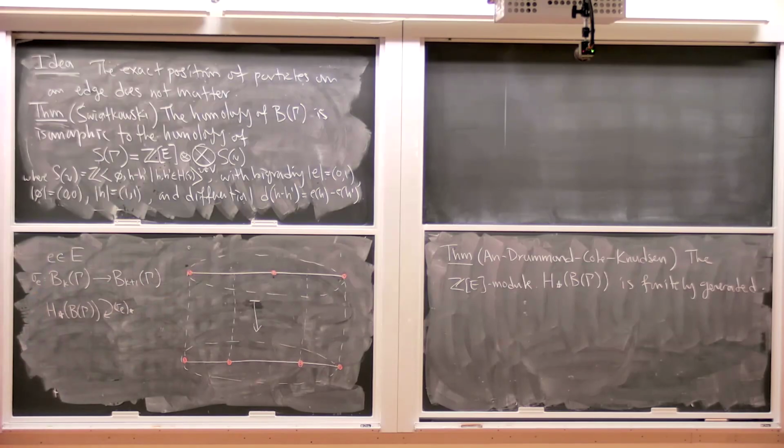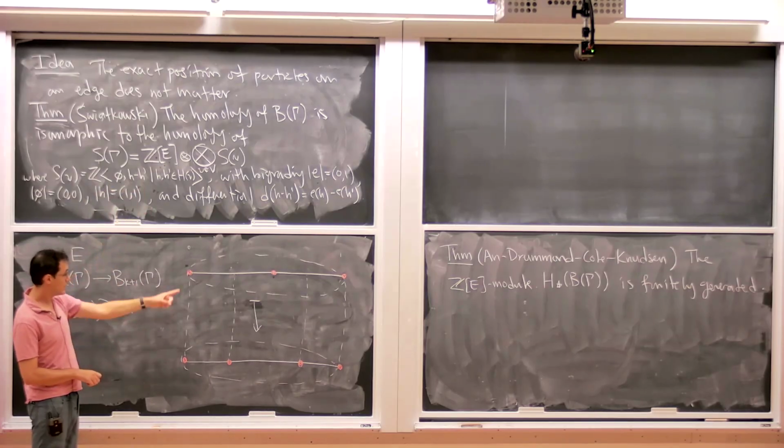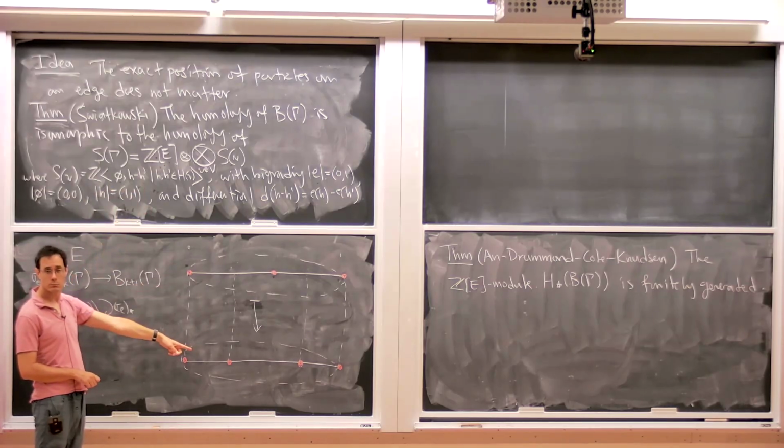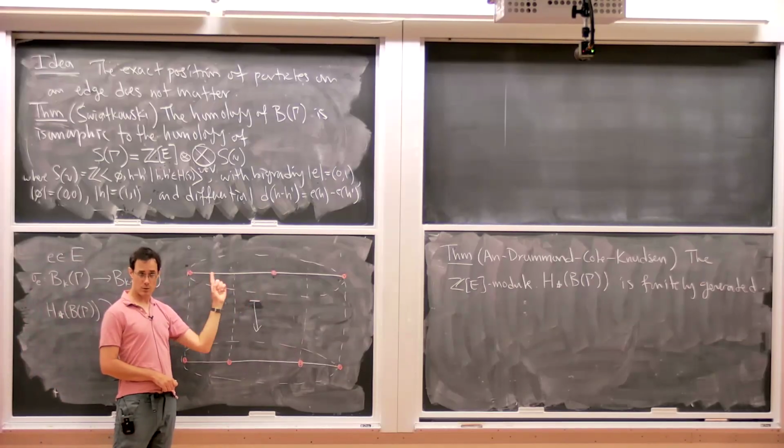A couple of comments about what does and doesn't generalize to the ordered case, or really more comments about what doesn't generalize. As I said before, this complex is totally fine for the ordered case. You make a few changes that are obvious. This absolutely does not work because none of these particles are the same as any of these particles, right?